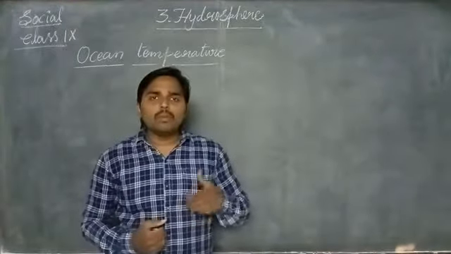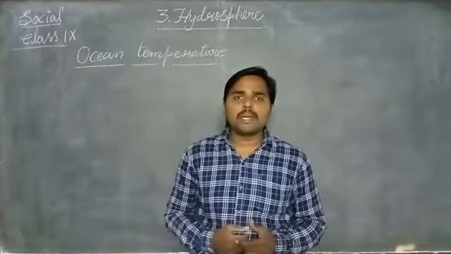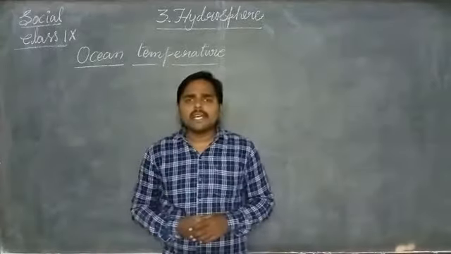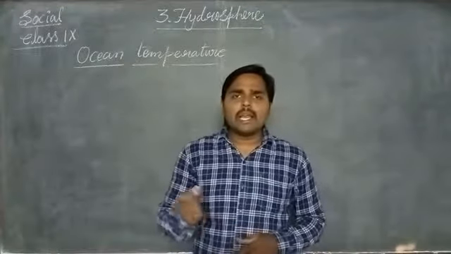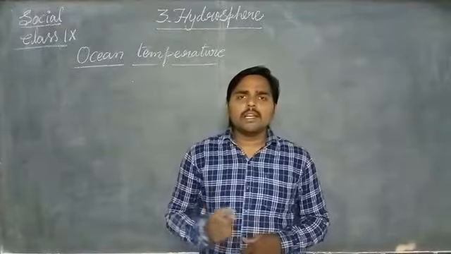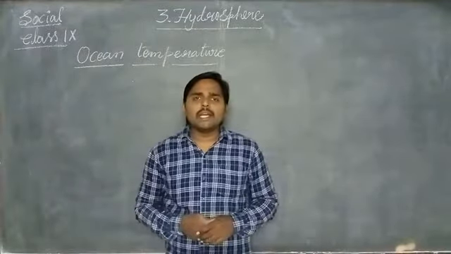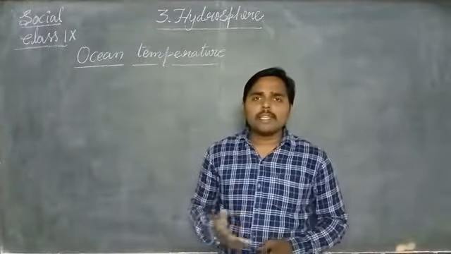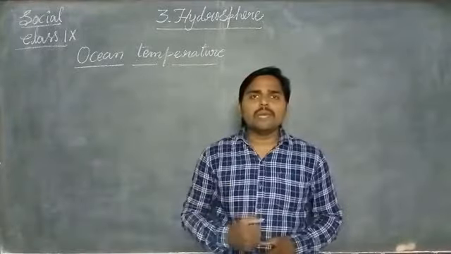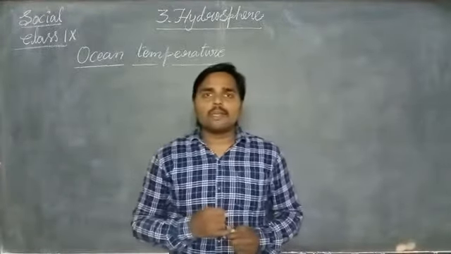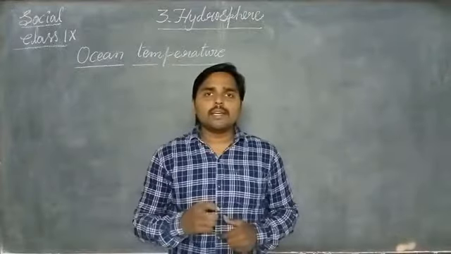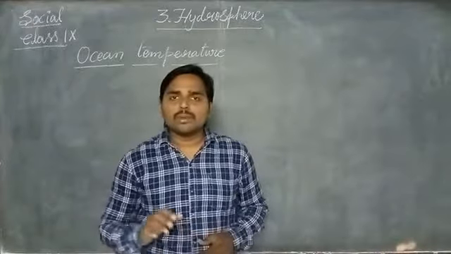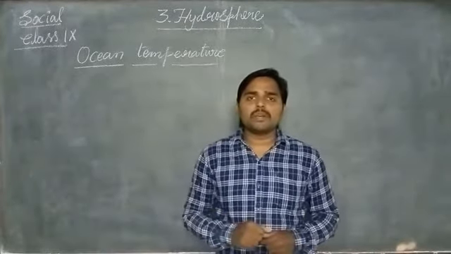Land absorbs solar energy very quickly and its temperature increases rapidly, and at the same time land cools very quickly, but water does not gain or lose heat quickly. So there is not much variation in the temperature of the ocean.